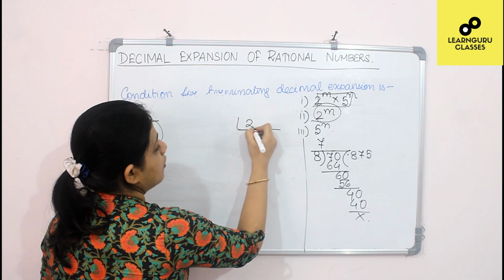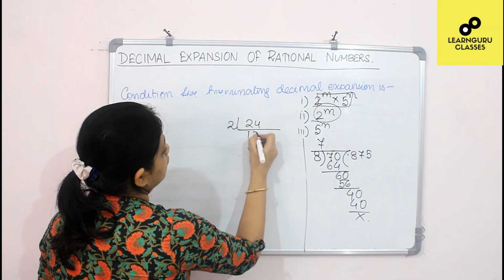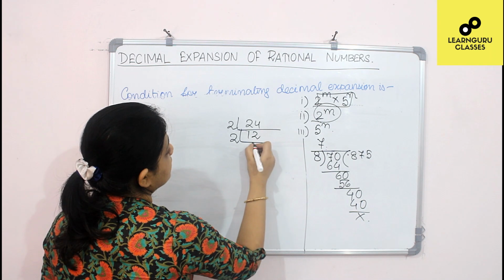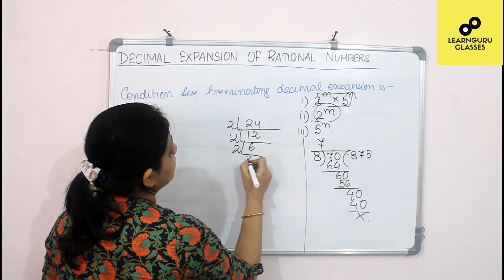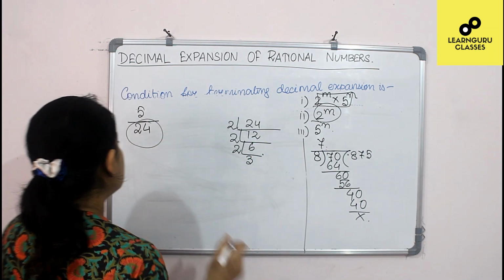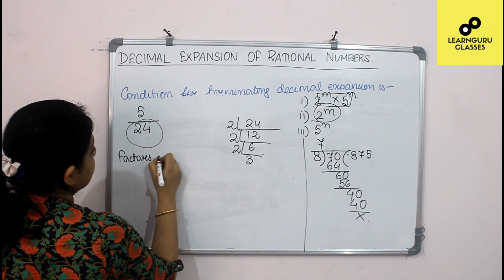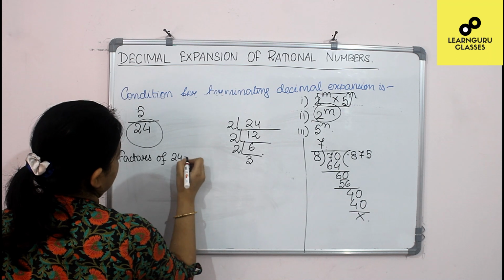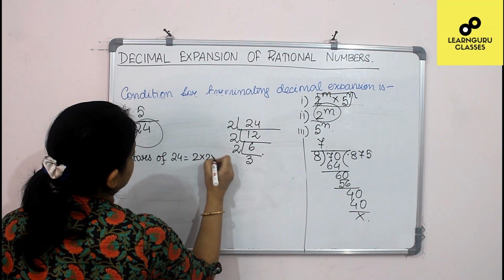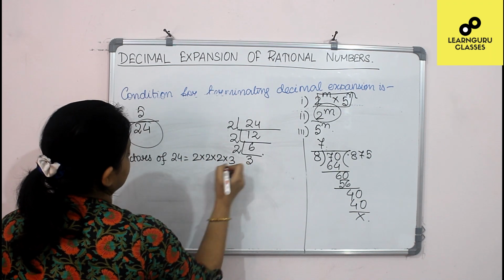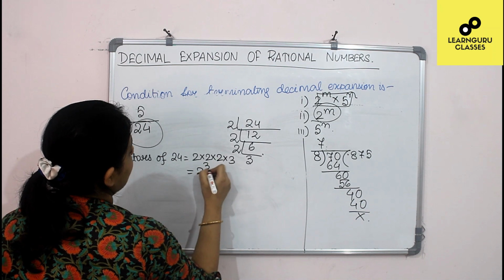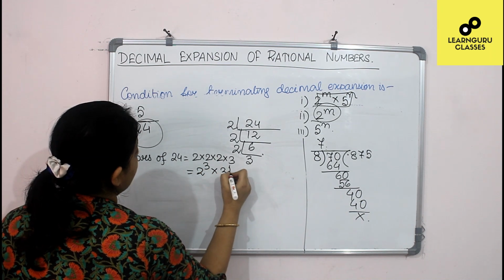So 24, 2, 12, 2, 6 are 12, 2, 3 are 6. The factors of 24 are 2 into 2 into 2 into 3. So 2 is repeated 3 times, into 3 to the power of 1.